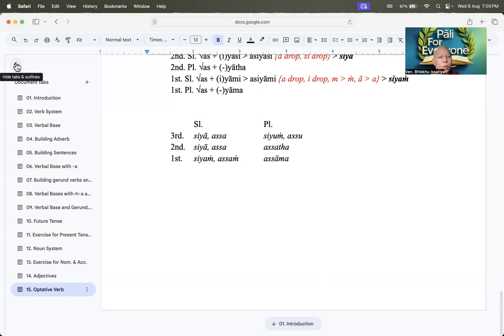So today we will learn some sentences of the usage of the optative verb.